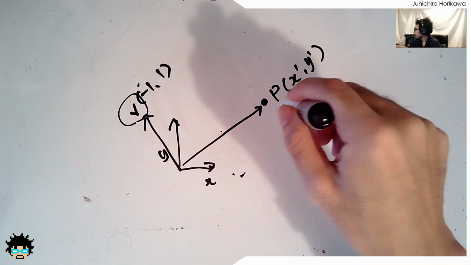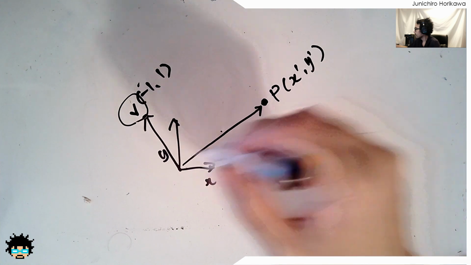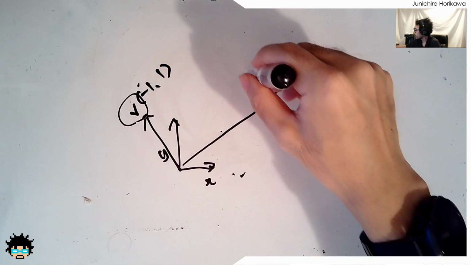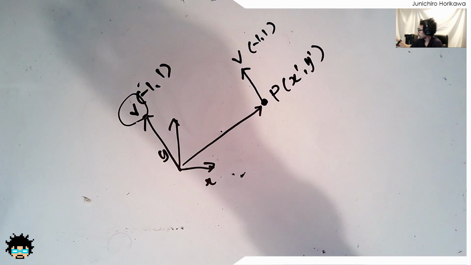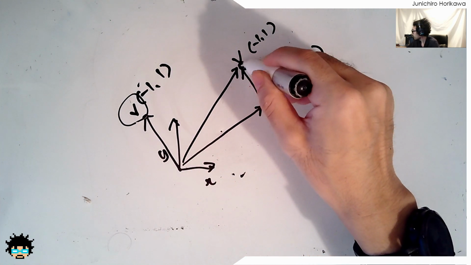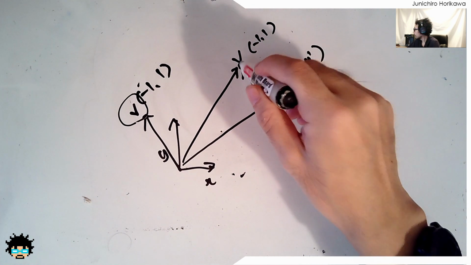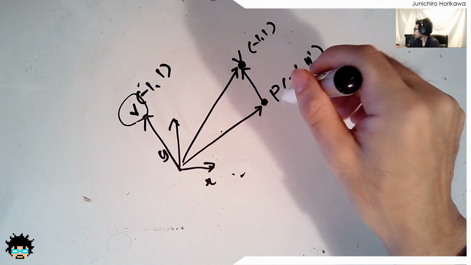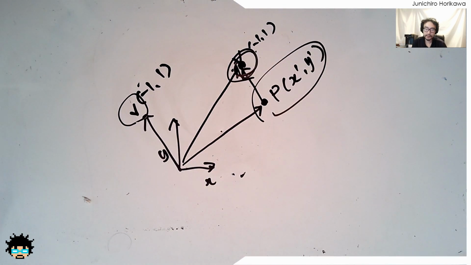You can consider this p as an x prime, y prime vector, and adding this new vector means adding a vector to this point like this. As a result, you get new vector values at this point, and by using this as the new point position, you are translating this position to a new position. So that's how translation works to move a point from one point to another using a vector.